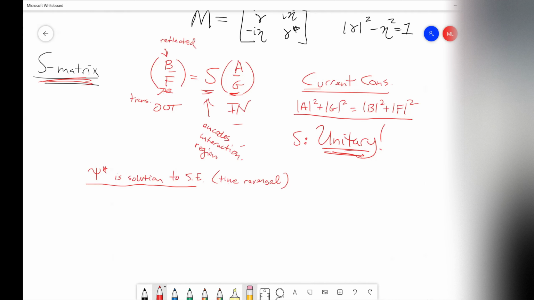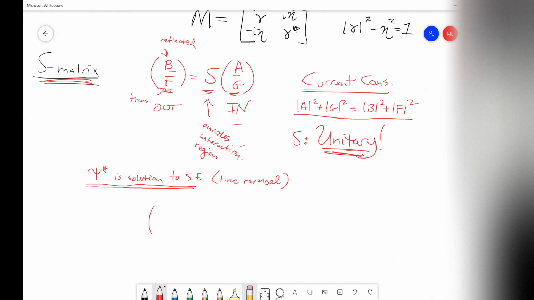And it has another constraint that since psi star is a solution of the Schrodinger equation, that means, again, we have this reversal. So the out states, if we star them, then they become stuff that's going in, and the in states become stuff that goes out.